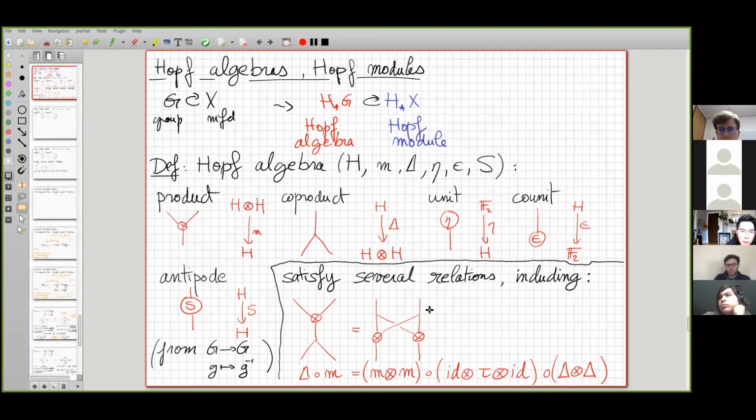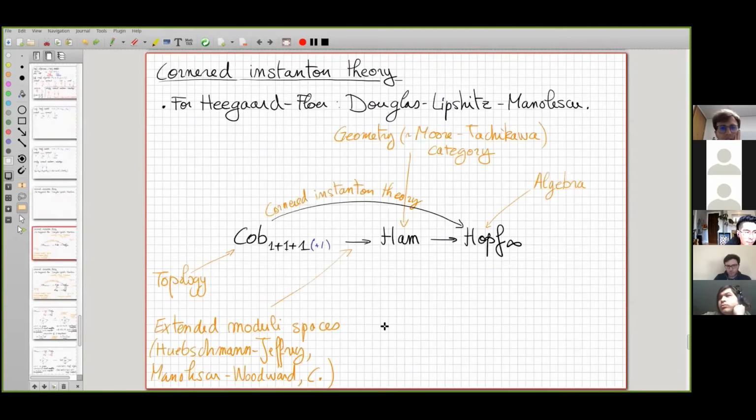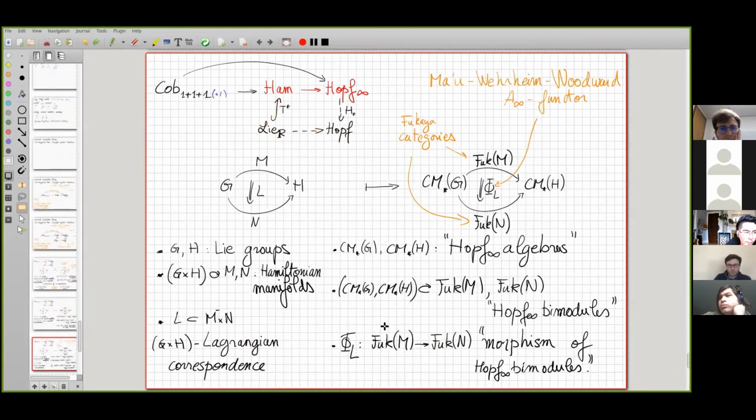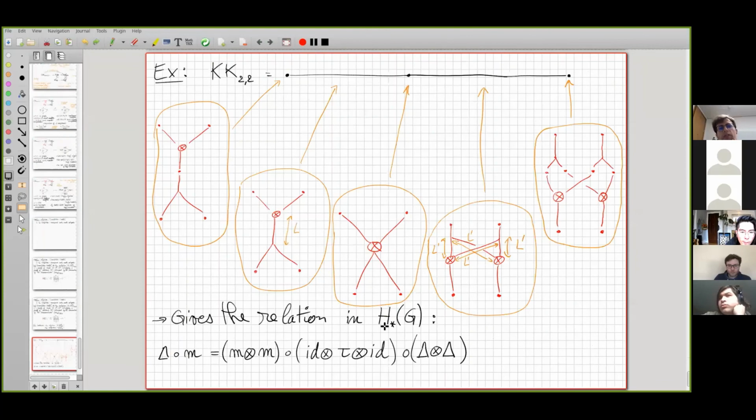So to prove this relation, you would look at a one-dimensional moduli space that is parameterized by this biassociahedron. That's the simplest part of the biassociahedron that's not in the family of associahedra where either k or l equals 1.